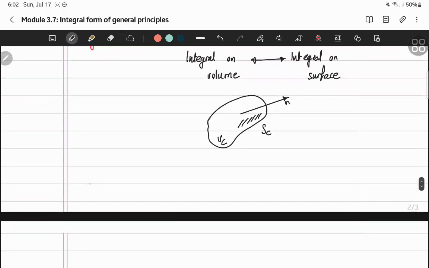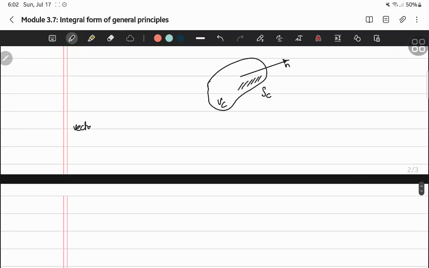If you have a vector or a first order tensor, then the integral of the divergence of that vector or first order tensor over the volume V_C, del dot v dV, is equal to the integral over the control surface S_C of v dot n dS, where v is the vector or first order tensor that you have, dotted with the normal to the surface.